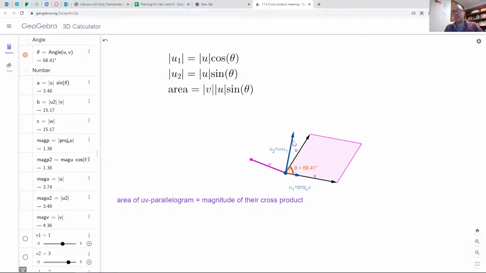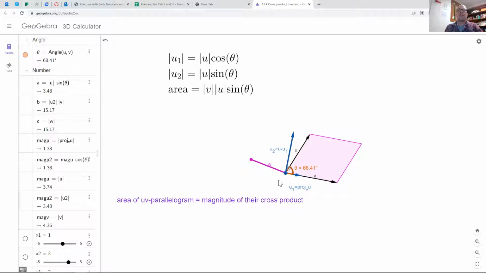So the length of this vector is the magnitude of u times the sine of theta. So that's where that's coming from. And in order to get the area of the entire parallelogram, you have the magnitude of v times the magnitude of u times the sine of the angle in between them.